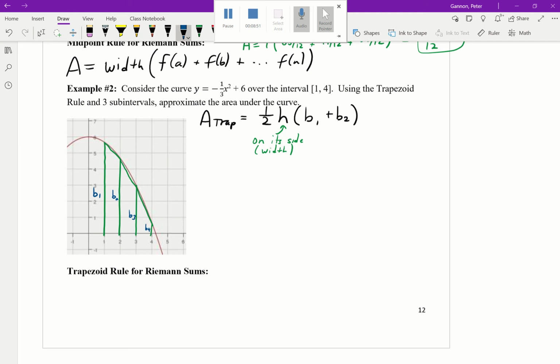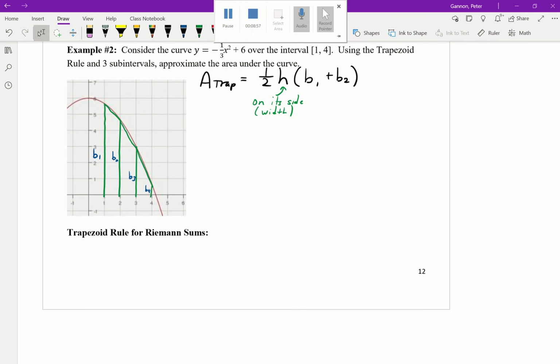Now, one thing that's going to be important to understand is how does that apply to the Riemann sum? So the trapezoidal rule of this particular Riemann sum, the area is going to be 1/2 times the width. Now, remember, we're talking about the width of the intervals.